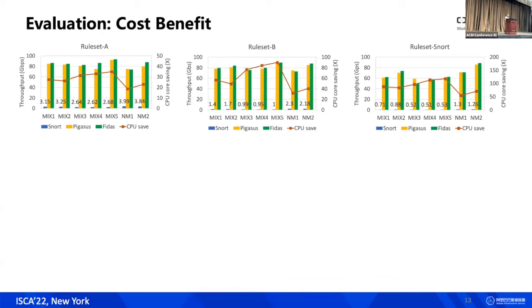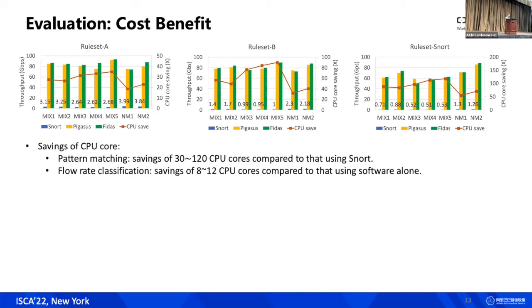This is basically showing the cost benefit. We show, using different rule sets, the CPU core savings we can have using our solution. In summary, for pattern matching, we have 30 to 120 CPU cores saved compared to Snort, and with flow rate classification, we can save 8 to 12 cores alone.